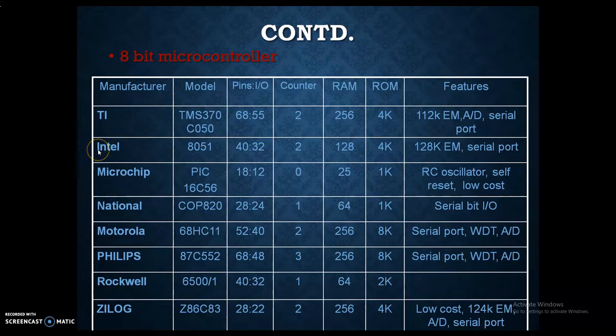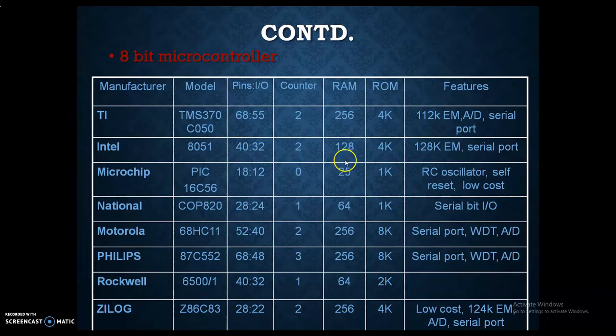We will especially focus on this Intel 8051, which has 40 pins in total, and 32 pins for input output, and two counters. I mean, there are two timers and two counters, and the timer and counter operations are complementary. We'll discuss it later on.